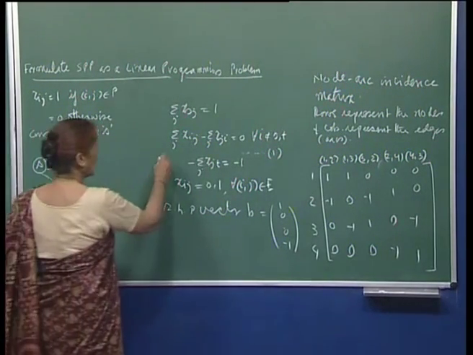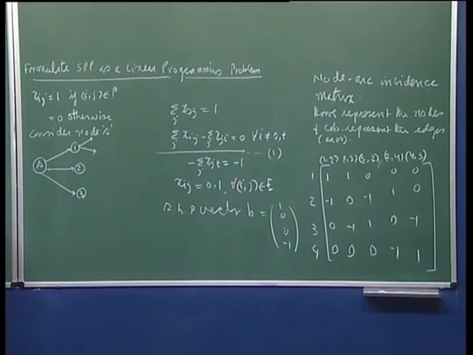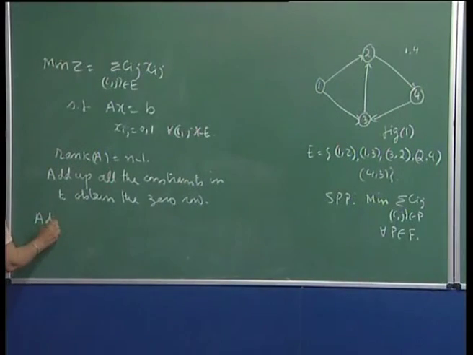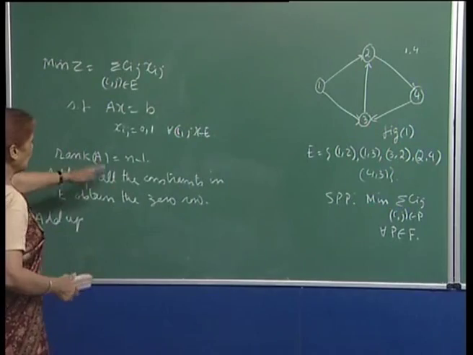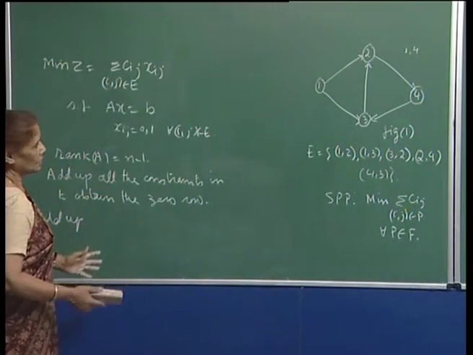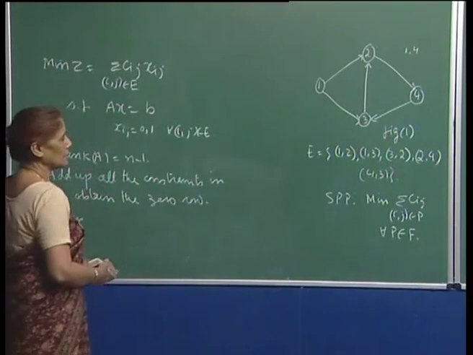You can see why, because if you add up the constraints, which is again a repetition, since adding up all the constraints gives you the 0 row, that means one constraint can be written as a linear combination of the others.